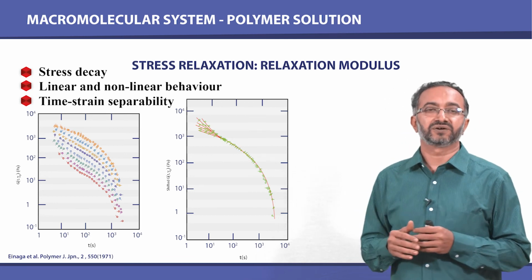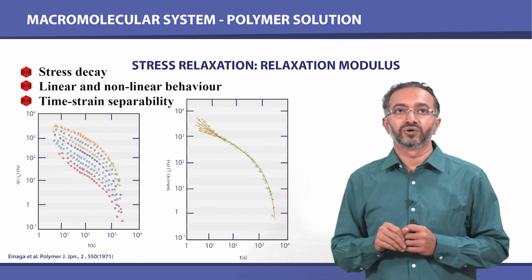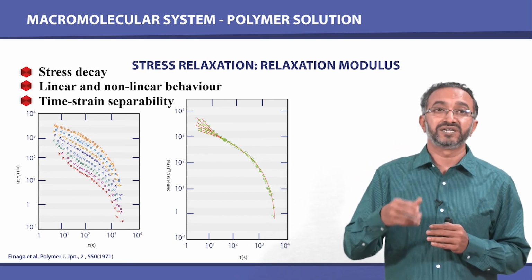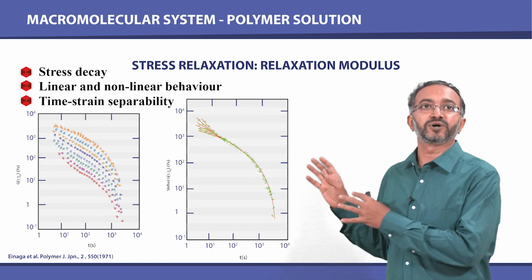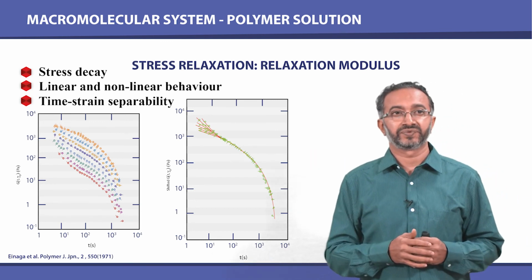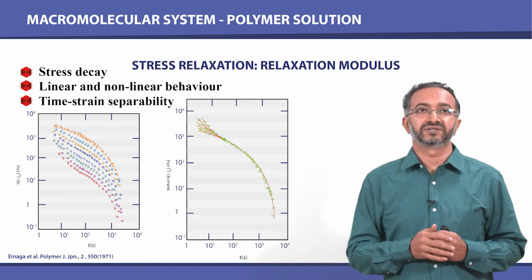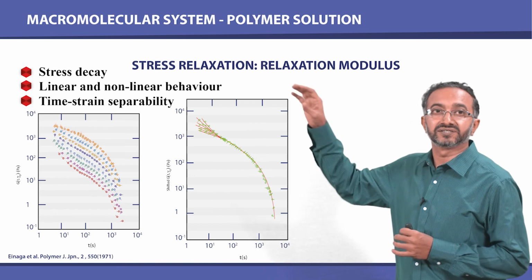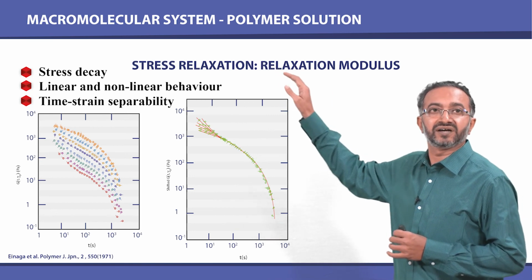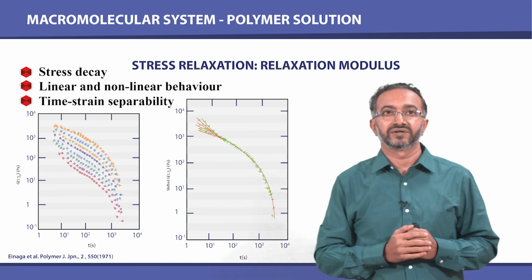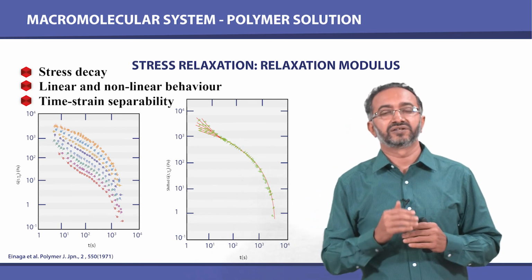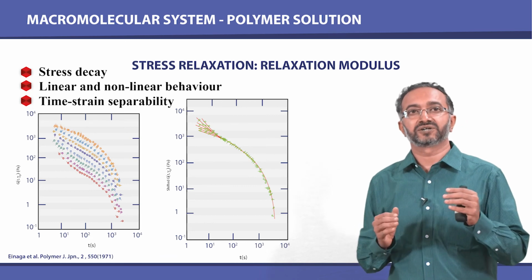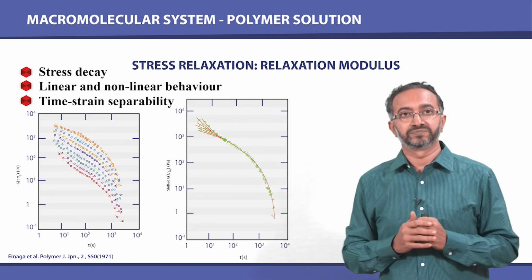In this set of data, what is interesting to note is the fact that when strain which is being applied changes, the overall response of the material is also different. So, when we apply small strains, we see that the relaxation modulus is independent of strain, and that is basically the set of data which are on the top of the set, where the 2-3 different strains being applied, but the overall relaxation modulus only depends on time.